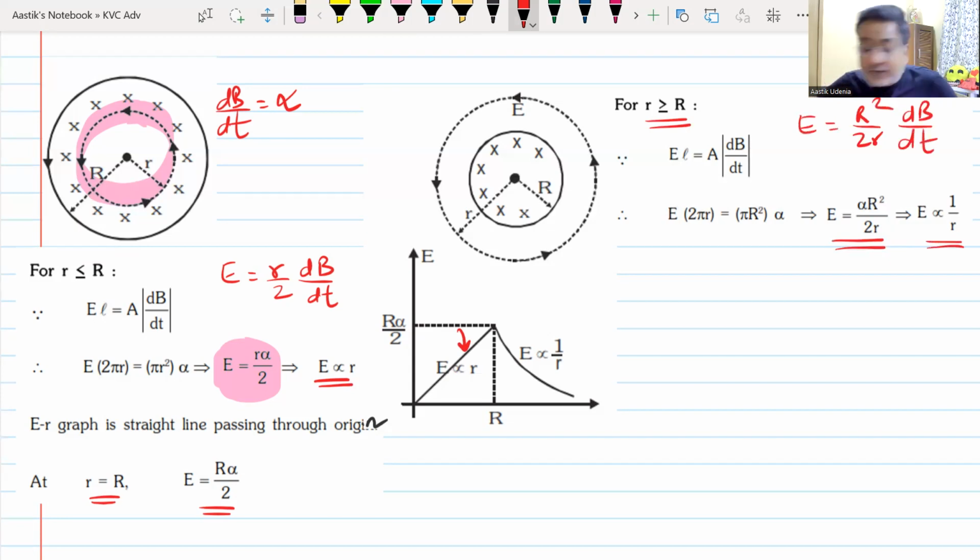So as you can see, if dB by dt is constant, the electric field will be inversely proportional to r, and you get this graph. Do you remember this graph? Has this graph come before? Please note this down. You don't remember where a similar graph has come?